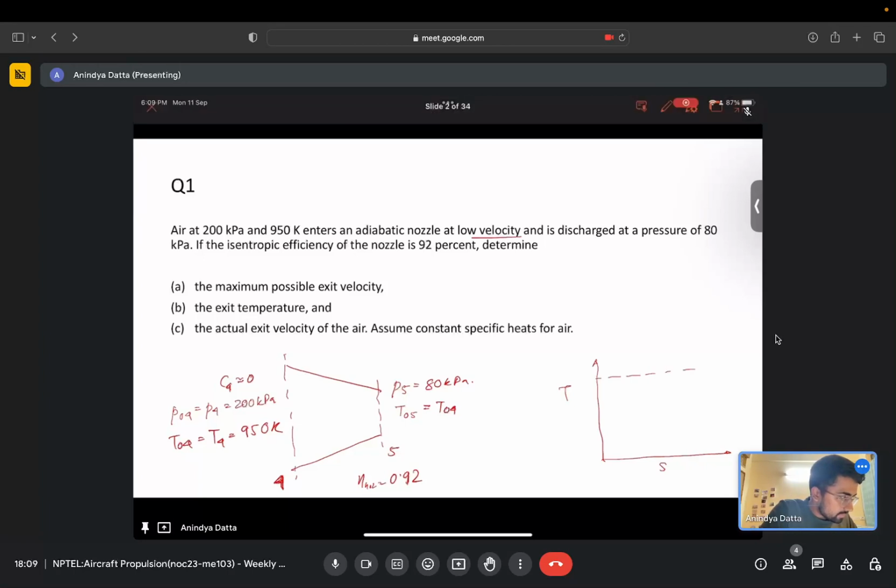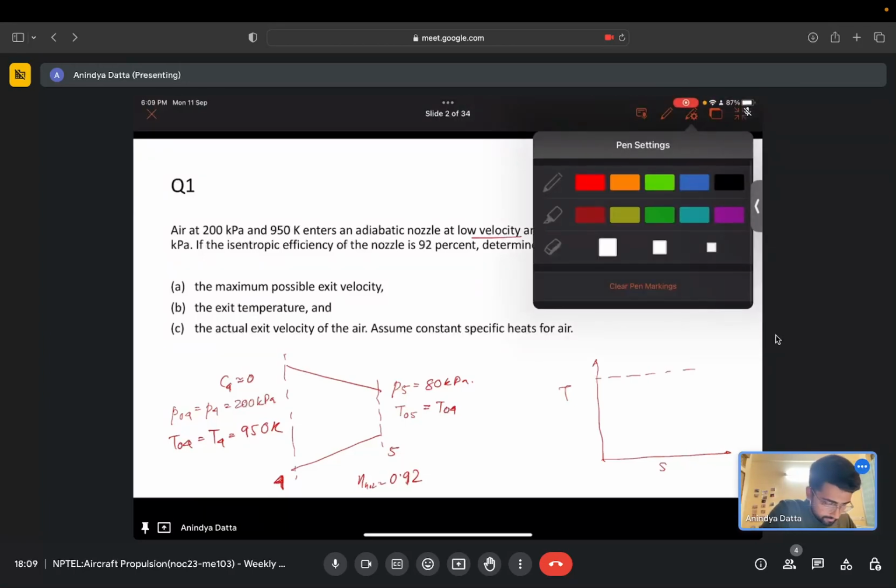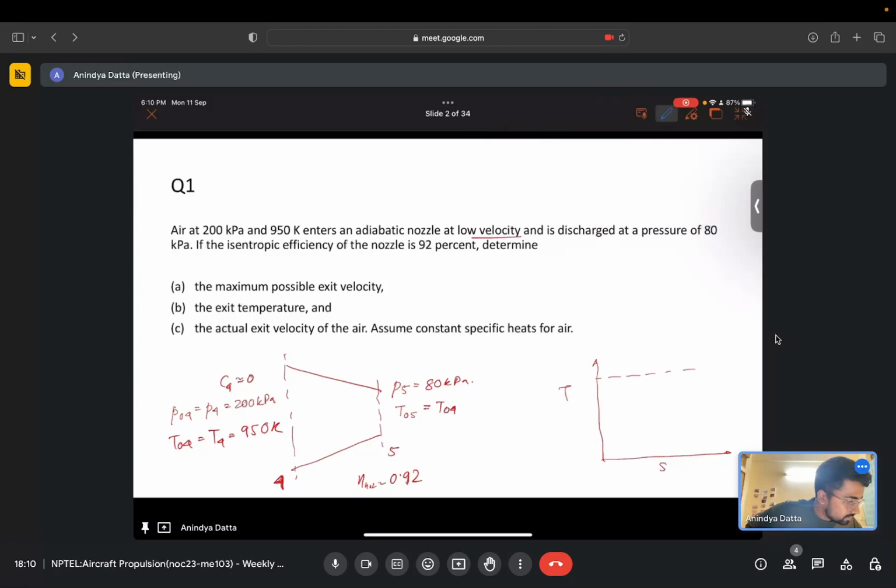Let's say this is our P04, and let me draw this as my P5.